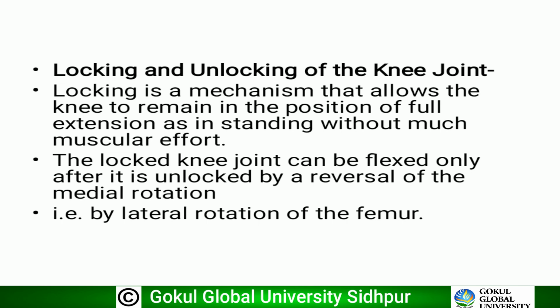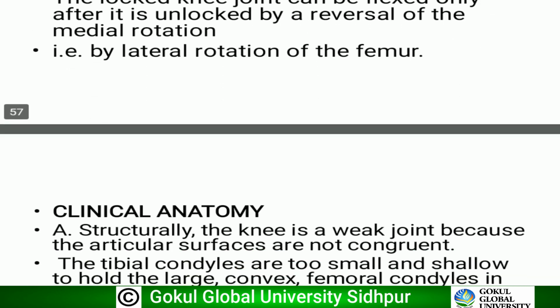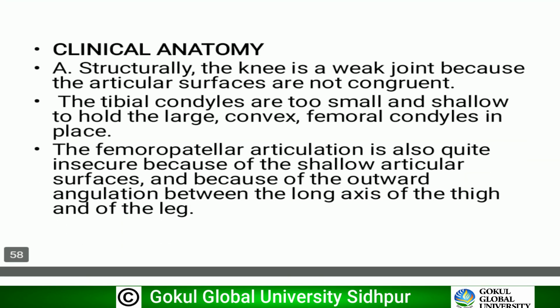The locked knee joint can be flexed only after it is unlocked by the reversal of the medial rotation, that is lateral rotation of the femur. Locking and unlocking is also asked in viva.